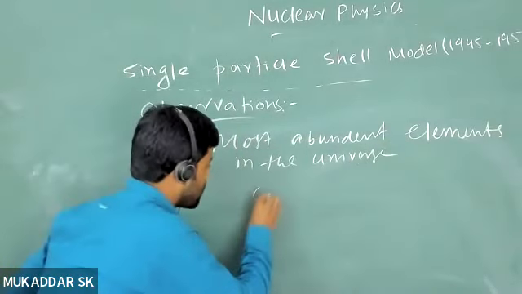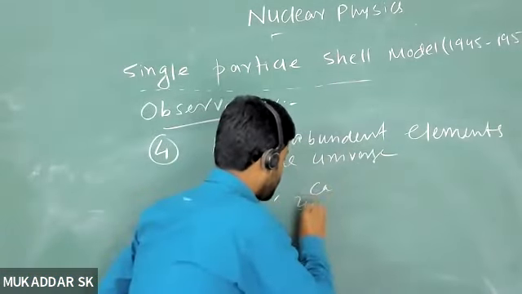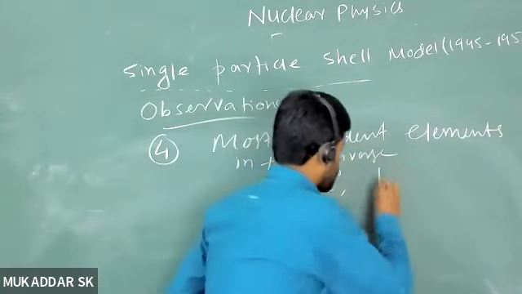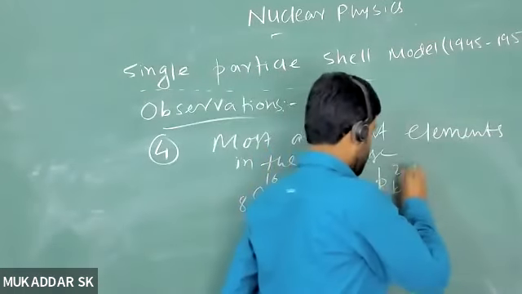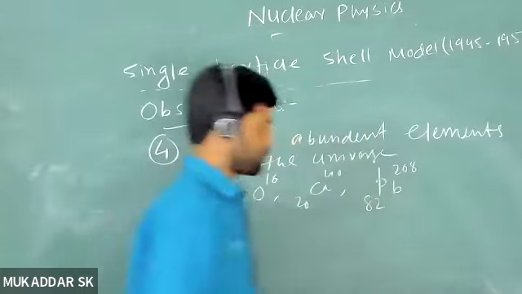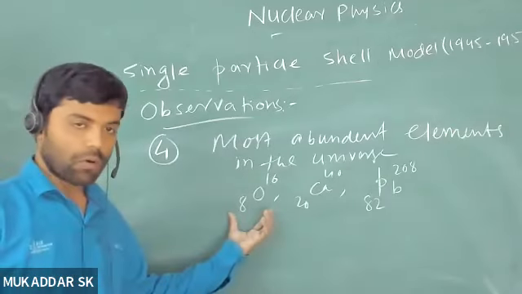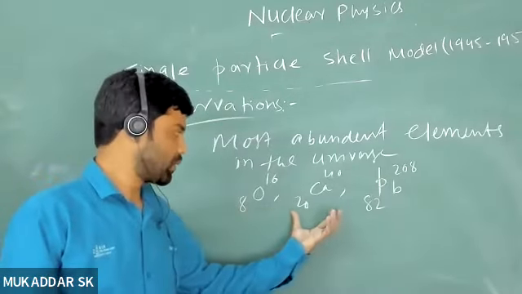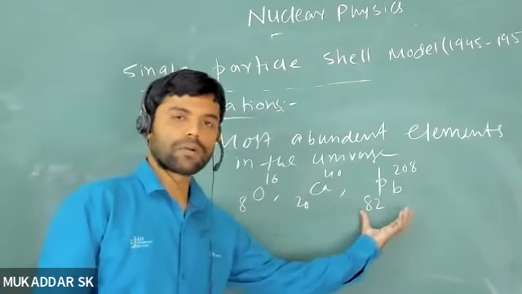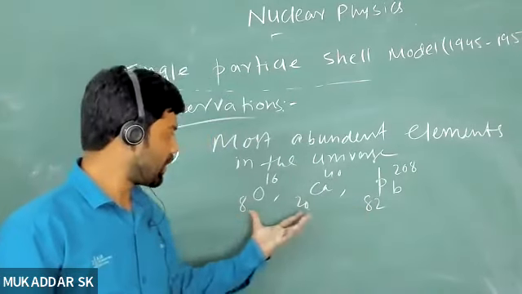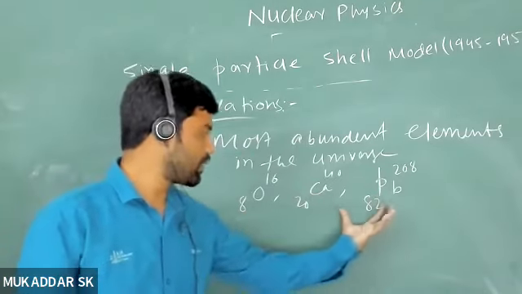These are the most abundant elements: oxygen 8, 16 or calcium 20, 40, and lead 82, 208. It contains both proton number and neutron number as magic numbers. So they are basically double magic number nuclei.